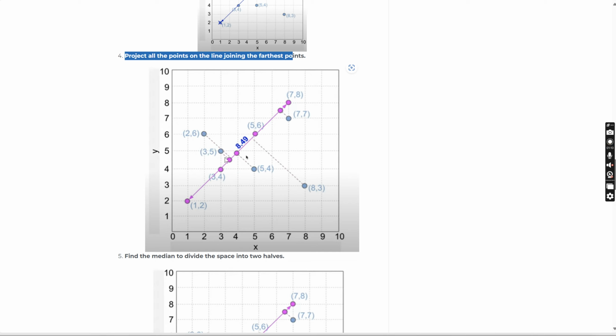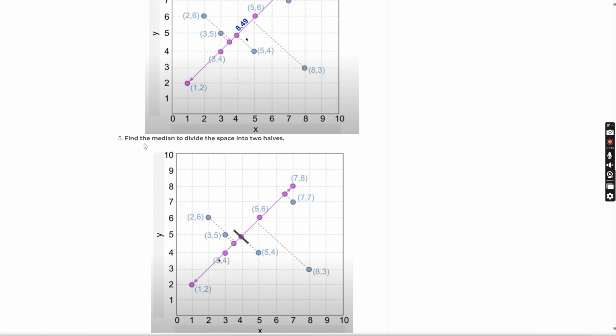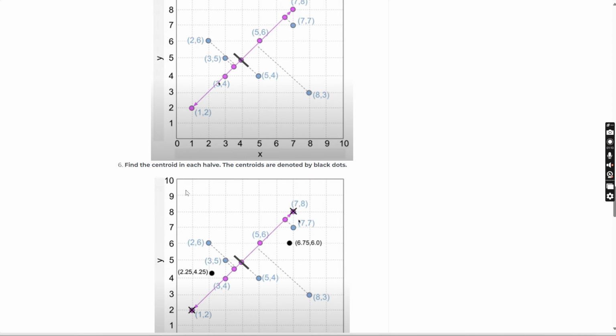Okay, and it starts projecting the points onto that best fit line, and now it determines the median of those projected points. Once it determines the median, around that median it starts forming a cluster. Okay, it will find the centroid, means a cluster, a circle kind of thing. Here one circle will be formed.